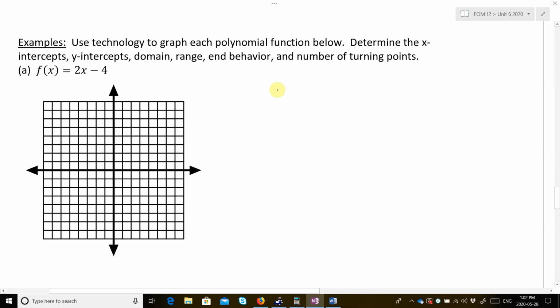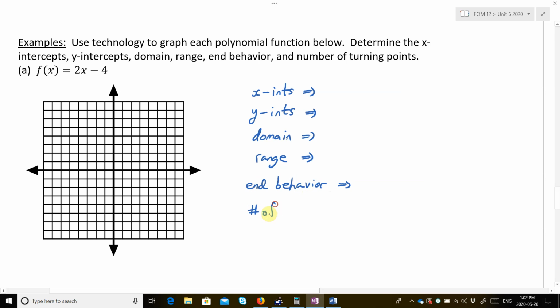Okay, so it's going to want us to find the x-intercepts, the y-intercepts, the domain and range, the end behavior, and the number of turning points. Okay, and so let's give this a try.